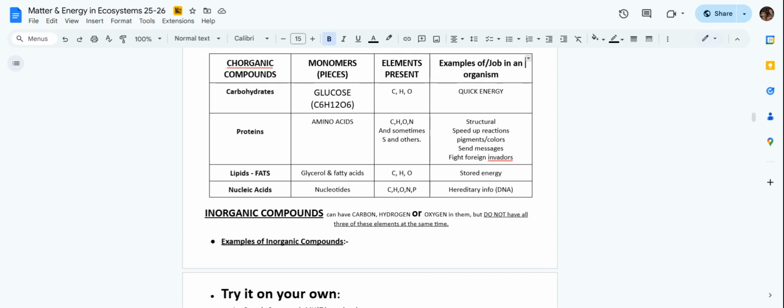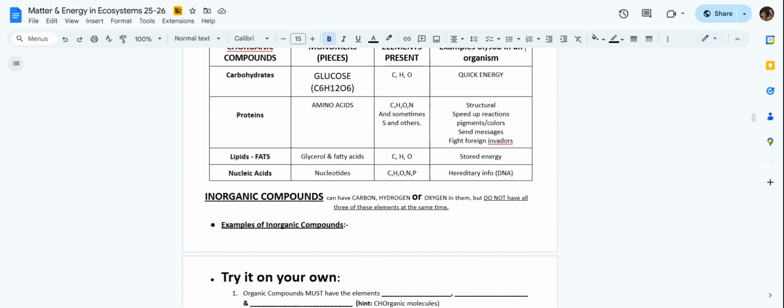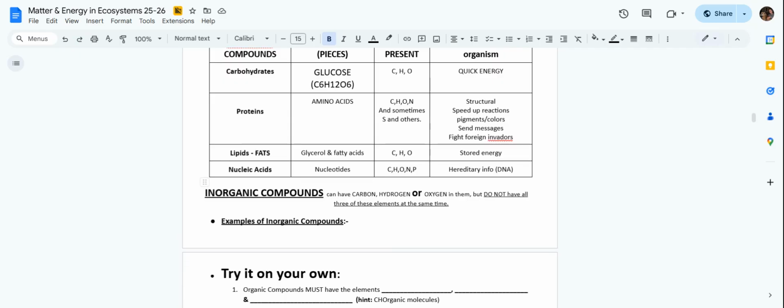Other molecules in our body are inorganic, meaning the prefix in- means not. So, not organic compounds. They can have carbon or hydrogen or oxygen, but they will not have all 3 at the same time. Some examples would be water, which is H2O.